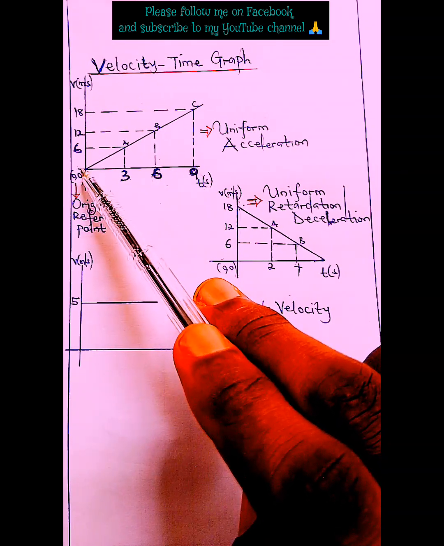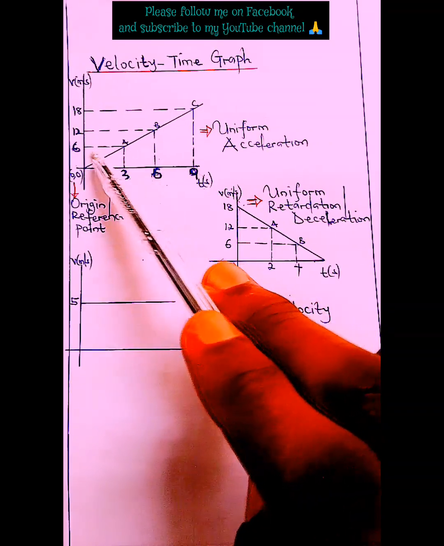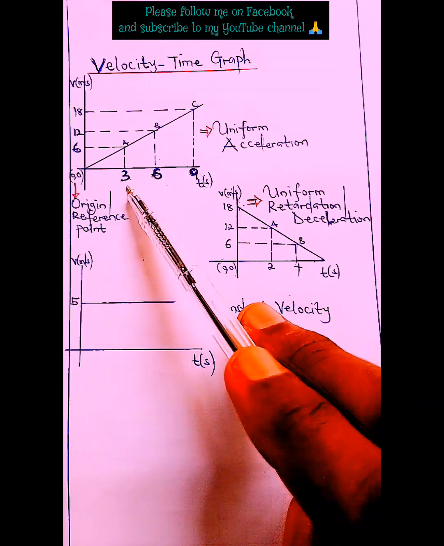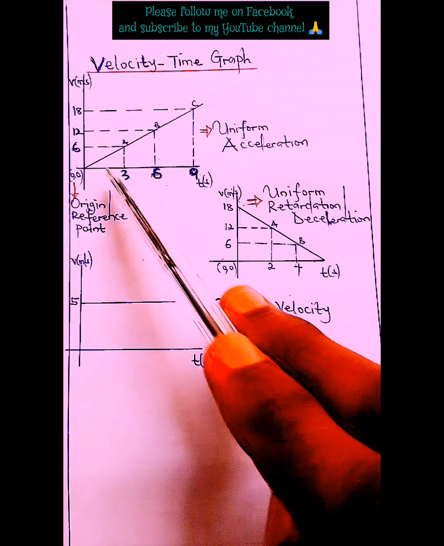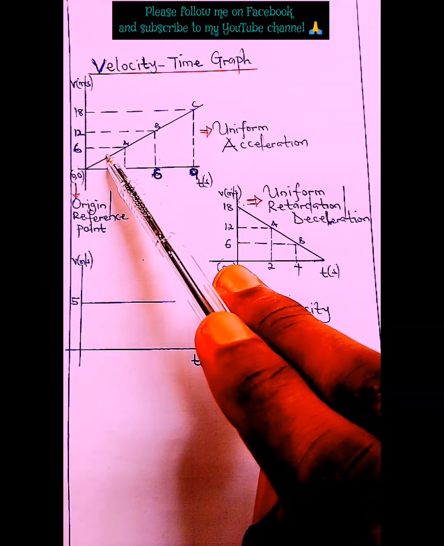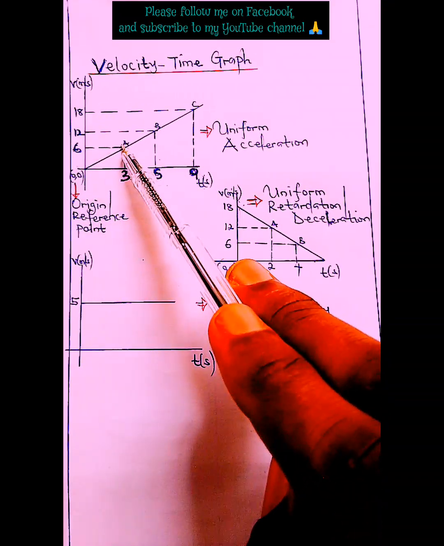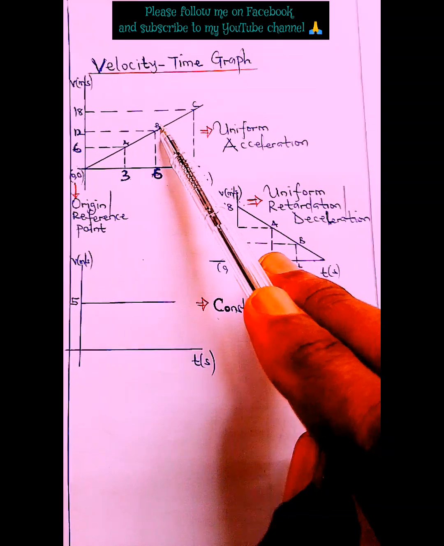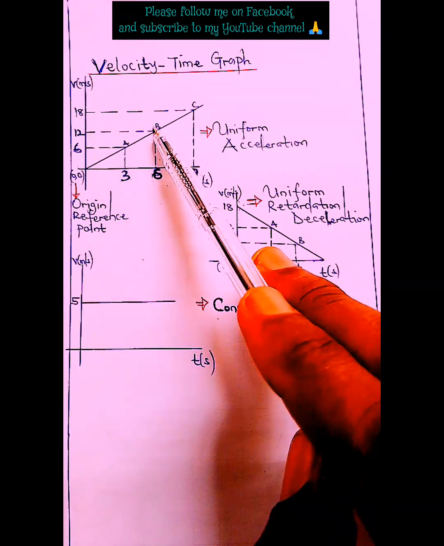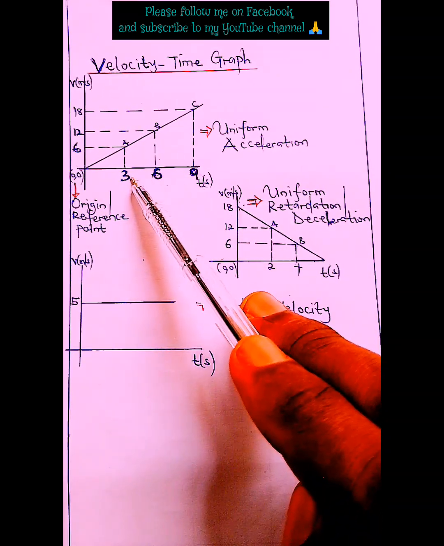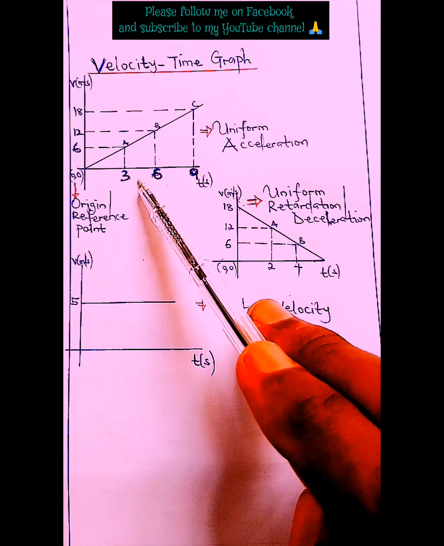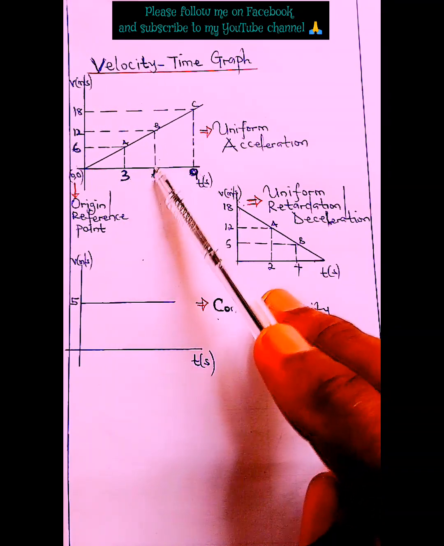So the body moved from this point to point A, covering 6 meters per second. It took it 3 seconds to do that. So as you can see, there's an acceleration of 2 meters per second squared. And also it moves from point A to point B, that's 6 meters per second up to 12 meters per second, and it took another 3 seconds to do that, from 3 seconds to 6 seconds.